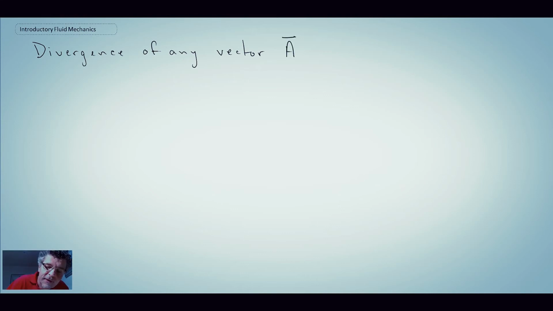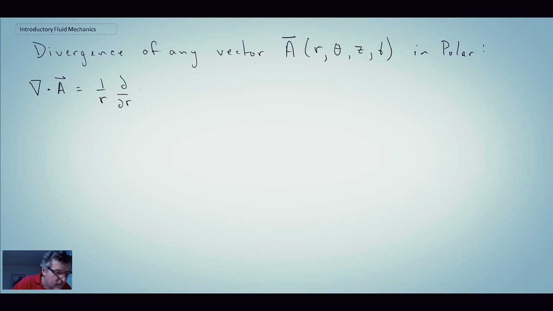So if we look at the divergence operator of vector A, which is the generic vector that we've been working with, in polar or cylindrical coordinates, looking up in any math book, you'll find the divergence operator to be the following. So that's the divergence operator, and that is what we would need to put into our continuity equation.